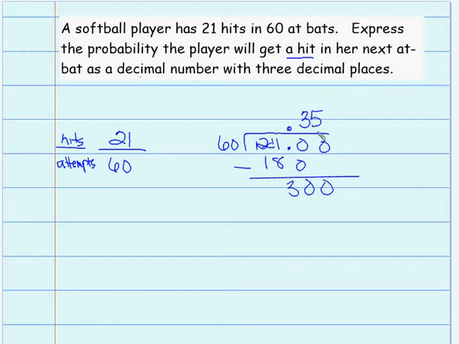Okay, so now don't make this mistake and just circle that answer because you want 3 decimal places, so you have to add a 0 here. That's your decimal number probability. When you get batting statistics, they're usually expressed with 3 decimal numbers.